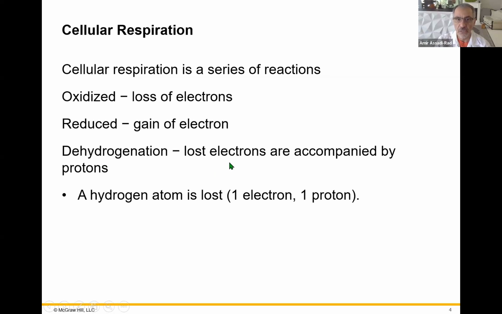Dehydrogenation means lost electrons are accompanied by protons. A hydrogen atom loses one electron and one proton. Because hydrogen has only one electron, when it loses its electron, it becomes just a proton, right?